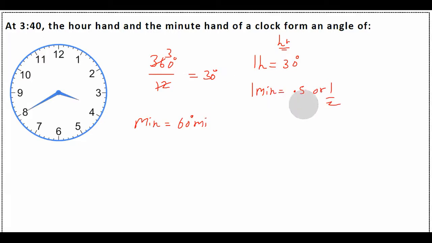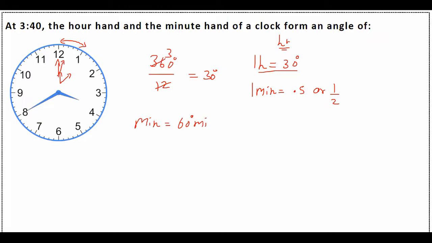So I will tell you how this 0.5 comes. Look here. The hour hand is pointing at 12 and it has to travel to 1. So it takes 1 hour, and in 1 hour it travels 30 degrees. When the minute hand travels 1 minute, at the same time the hour hand also travels.